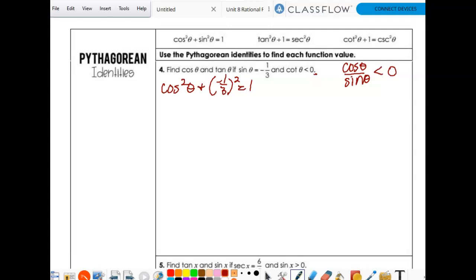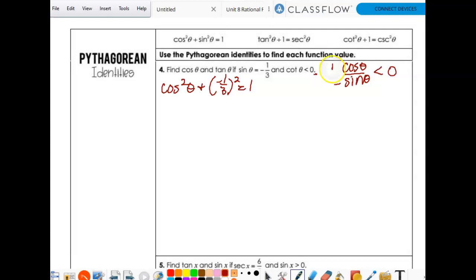My sine value, is it positive or negative? My sine value is negative. What does that mean my cosine has to be? It has to be positive, right? If it was negative, I'd get a negative divided by negative, which would be positive, and that would be bigger than 0.